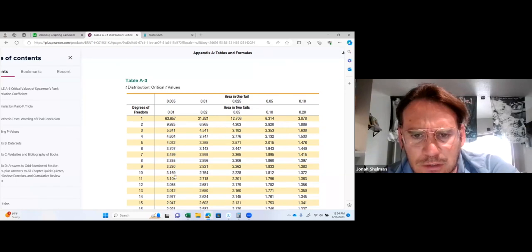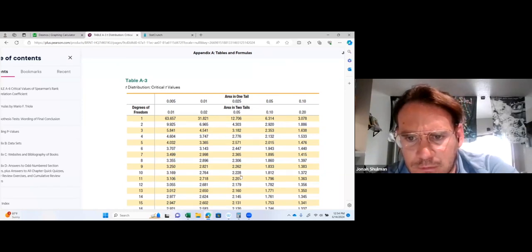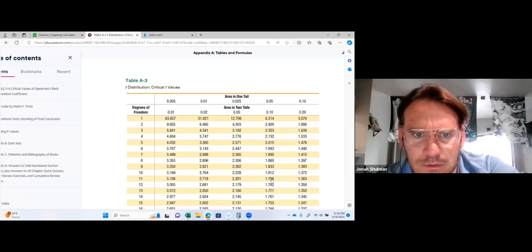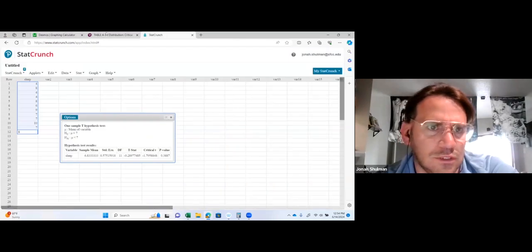And we're talking one-tailed at 0.05. I got 1.796 as the probability we should be looking at. One tail, 11, 1.796 as the critical value that we need. What did they get?